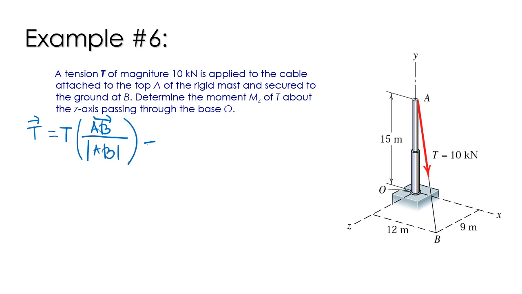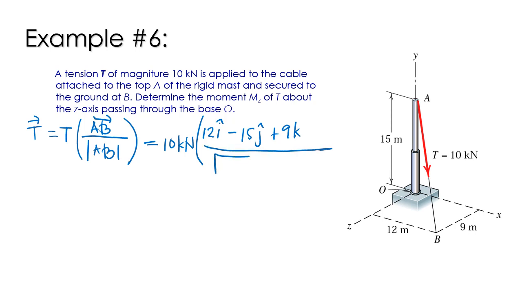So it is equivalent to 10 kilonewton for our tension or force T, times AB, which is 12i minus 15j plus 9k, divided by the square root of 12 squared plus negative 15 squared plus 9 squared.